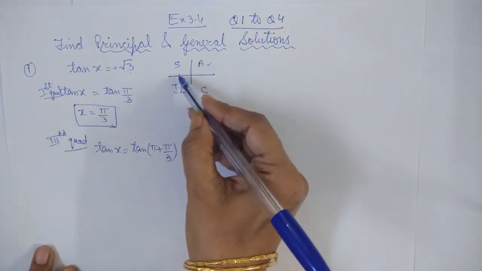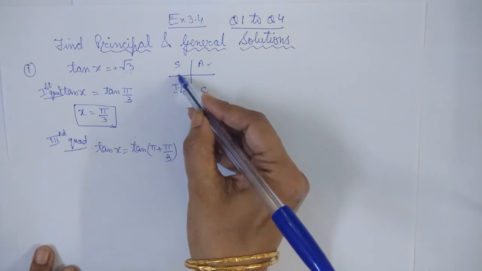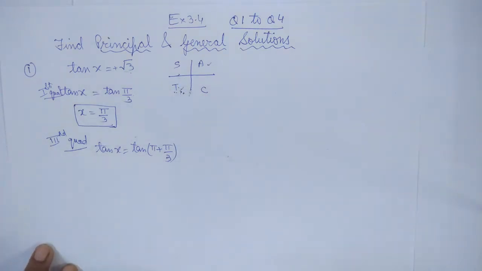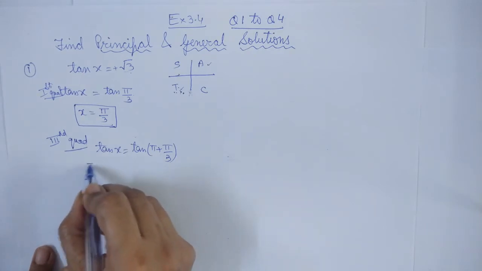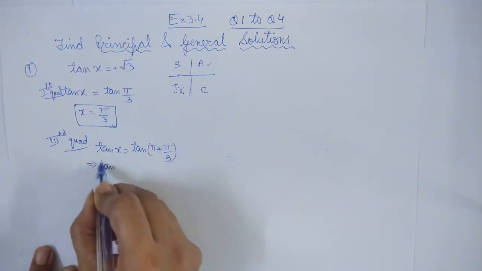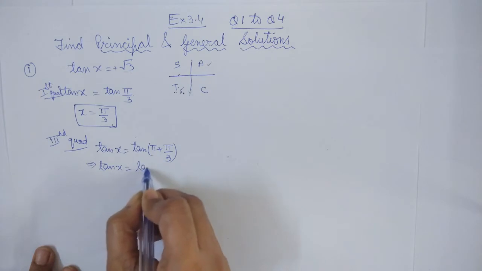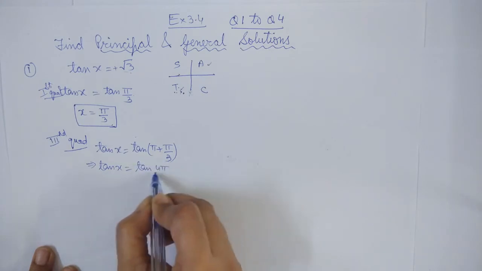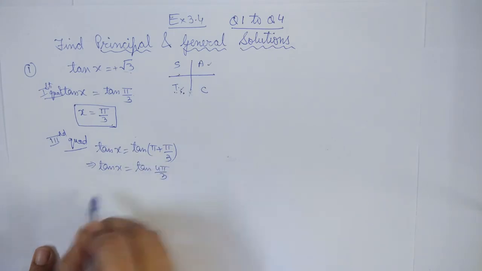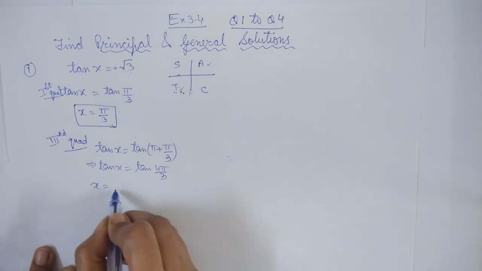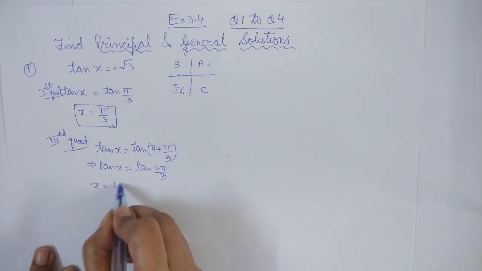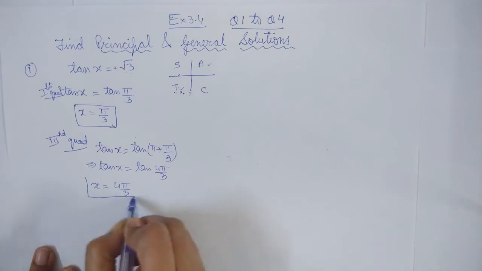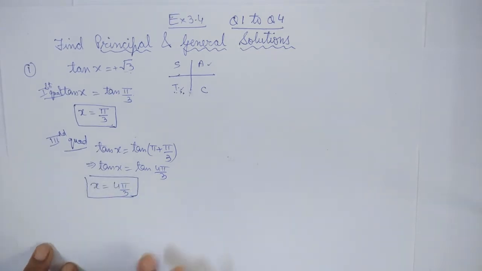Why are we taking 180 plus theta? Because in 180 plus theta, the trigonometric terms will remain the same. So if we solve it further, tan x equals tan 4 pi by 3. By comparing both of them, we get x equals 4 pi by 3. So this is the next value of x.